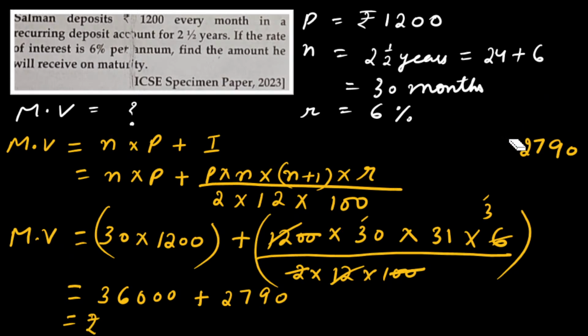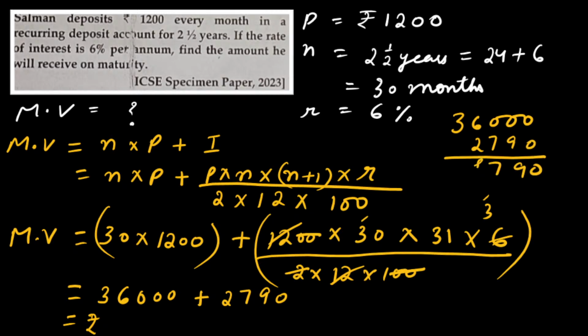Now we can add both of these. 36,000 plus 2,790. If I add, I'll get here 38,790. Likita has given the answer. So this is the maturity value, 38,790.